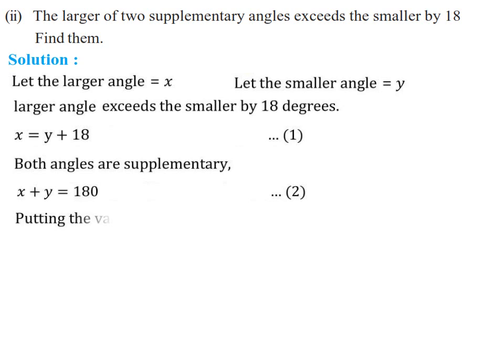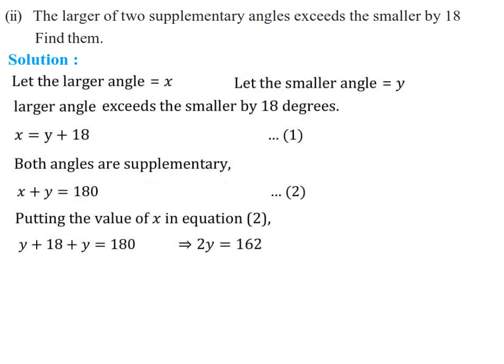Now again putting the value of x from the first equation in equation number 2, y plus 18 plus y equals 180. So 2y equals 162. Therefore y equals 81. This is the value of y.